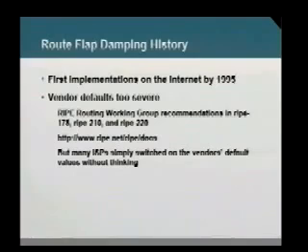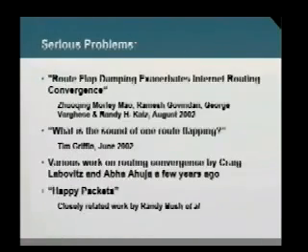But we've also found that many ISPs simply switched on the vendor's default values without even thinking. They downloaded the vendor's template for running an ISP, dropped it onto the router, and more often than not it just came up with the standard damping values.